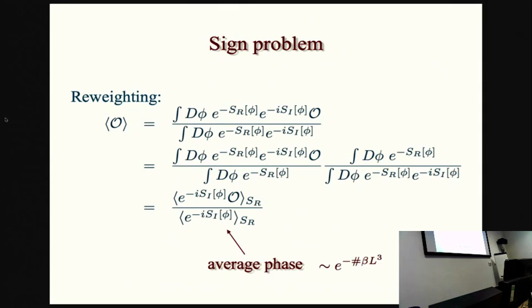And as is well known, this fails miserably because this quantity down here is exponentially small, both in the large volume and in the low temperature limit. So that's a form of the sign problem. I will be using some forms of reweighting like this later, and that's why I want to point that out.